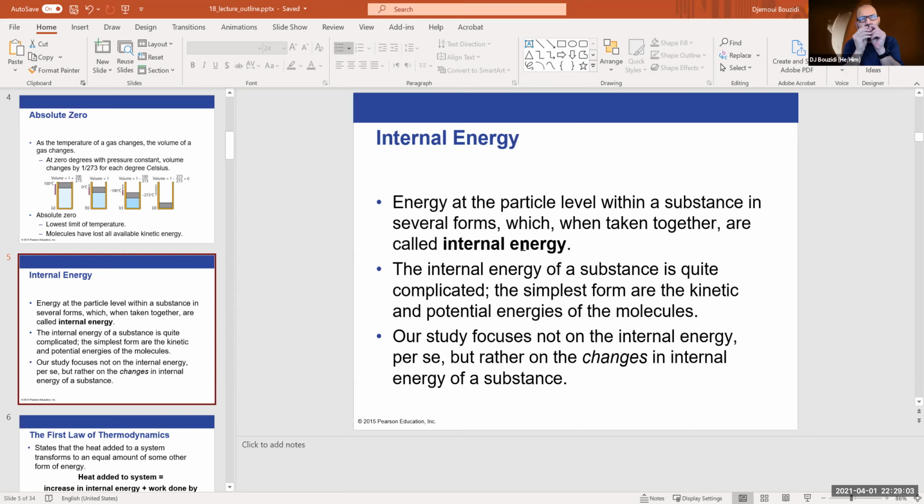Now, if this particle has a finite size, for example, in the case of the oxygen molecule or the nitrogen molecule, it's made up of two oxygen or two nitrogen atoms. Then in this case, in addition to the fact that the molecule can go left and right, up and down, in and out, it can actually spin one way like this or spin like this.